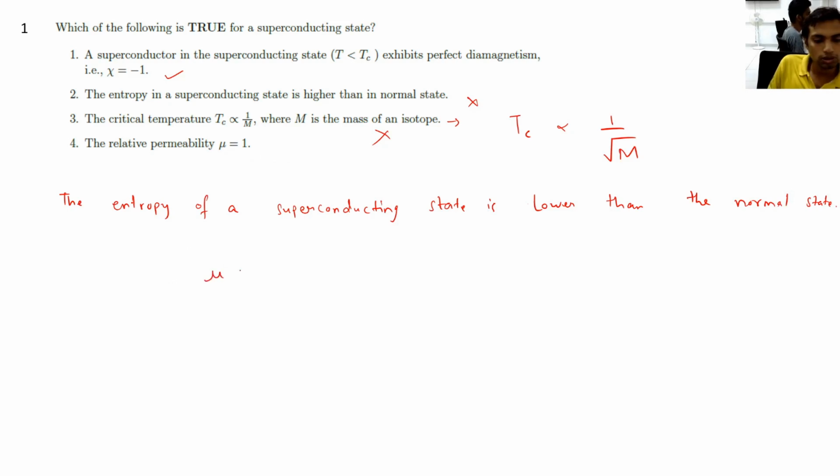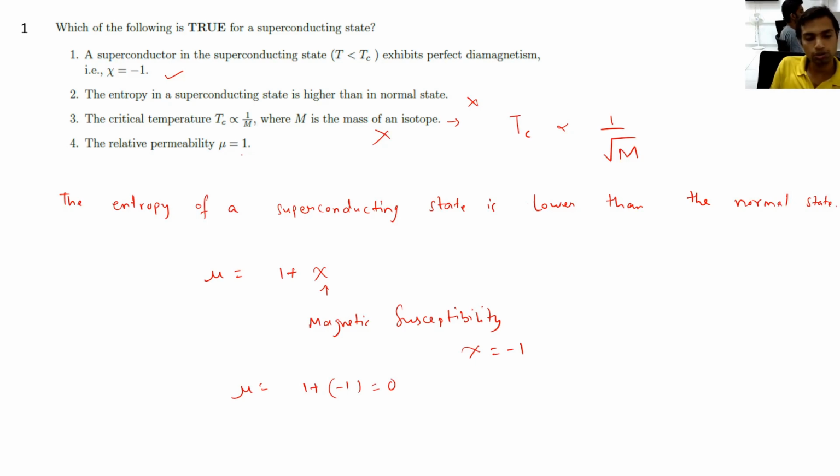It is 1 plus chi, where chi is the magnetic susceptibility. Since chi is minus 1, mu has to be 1 plus minus 1, which is equal to 0. So relative permeability cannot be 1, so it is wrong.